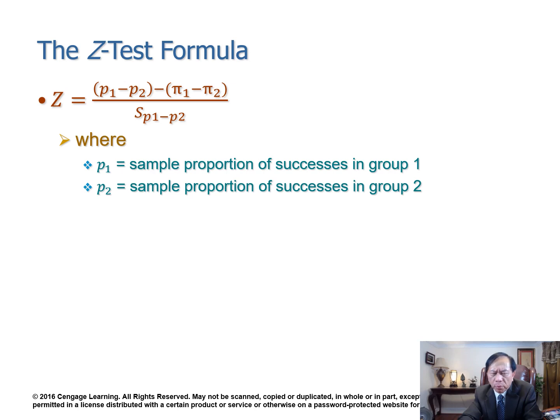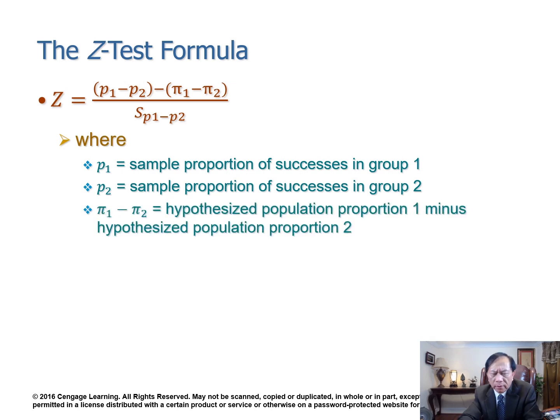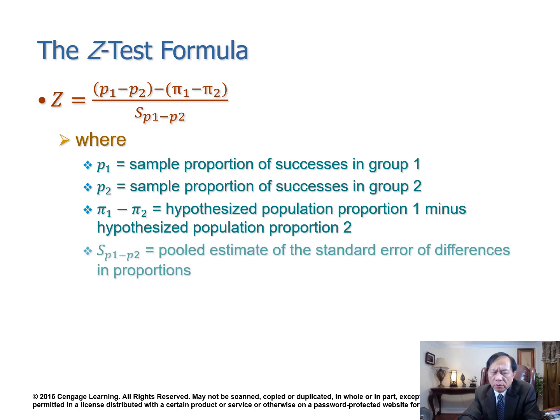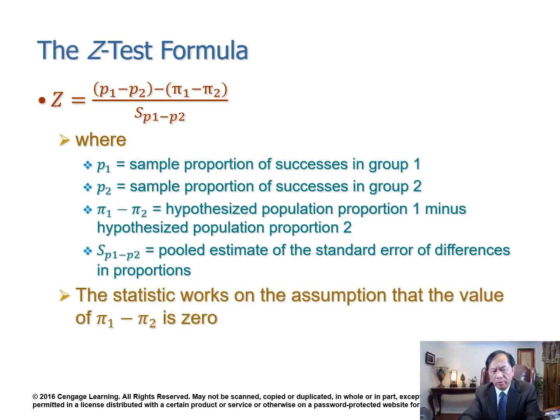P2 is the sample proportion in group 2. And pi 1 minus pi 2 is the hypothesized population proportion 1 minus the hypothesized population proportion 2. You just need to understand this. I'm not requiring you to do that in your paper.